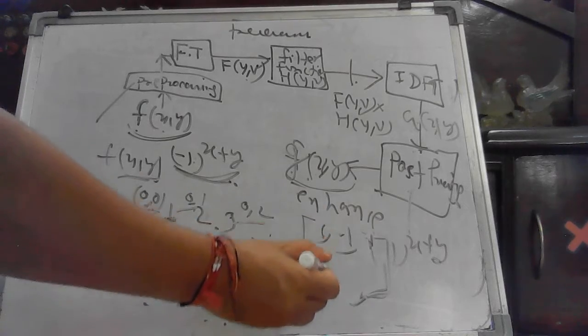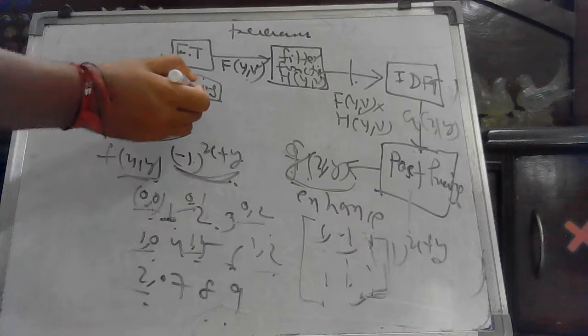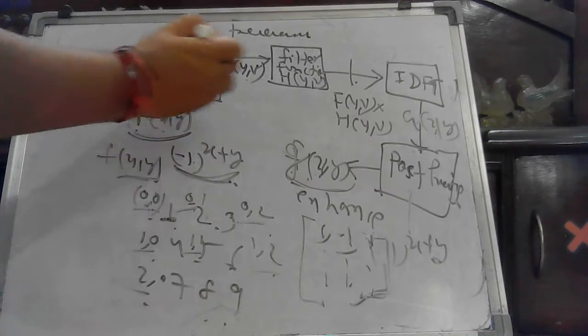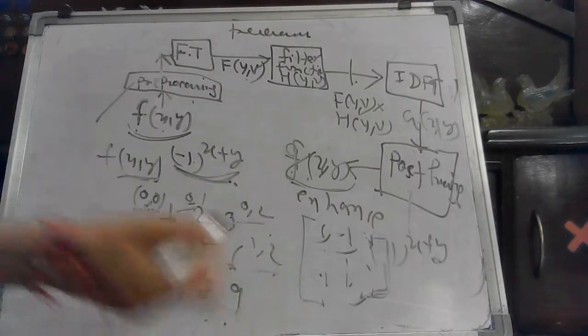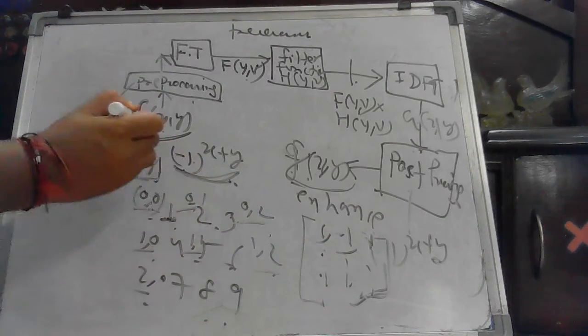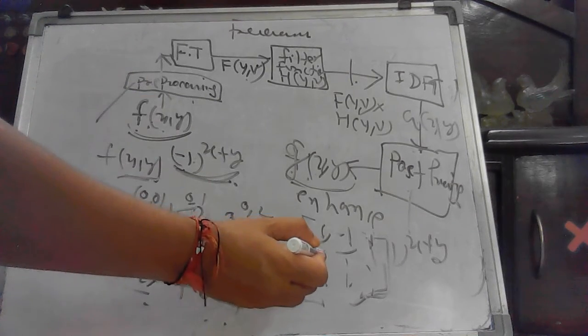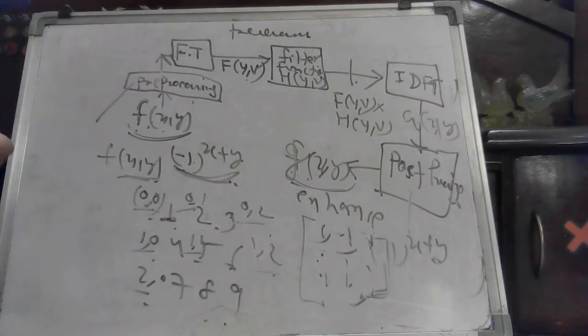Similarly for the others. In this way you will represent your original pixel positions to make it center. How to make it center? First of all, you get this matrix by using this formula, the same size as your given input image. If a 3 by 3 image was given for processing, you will get a matrix of this kind by using this formula.